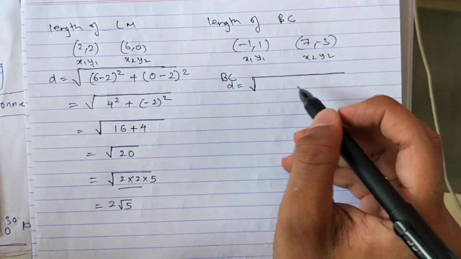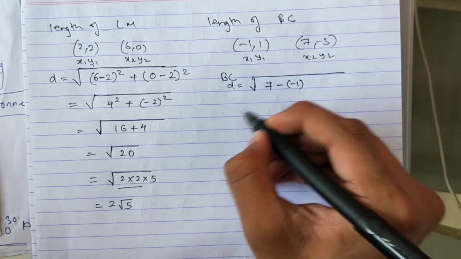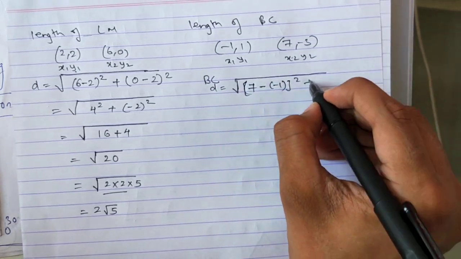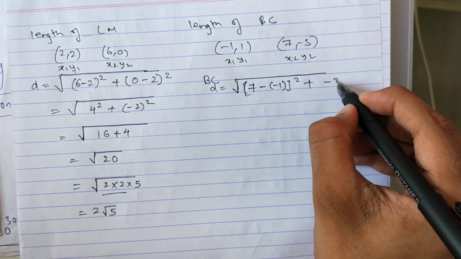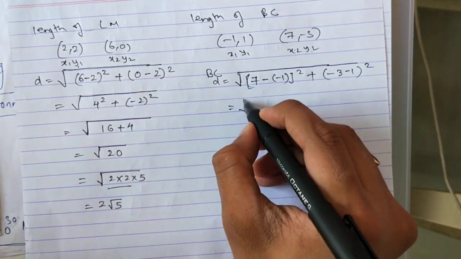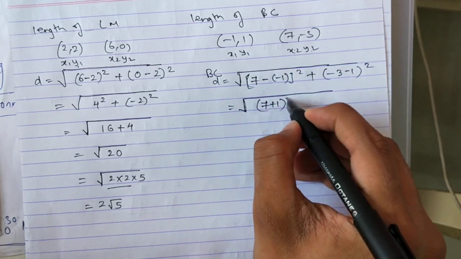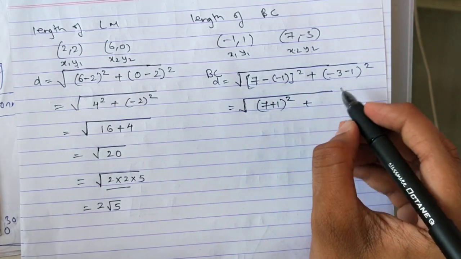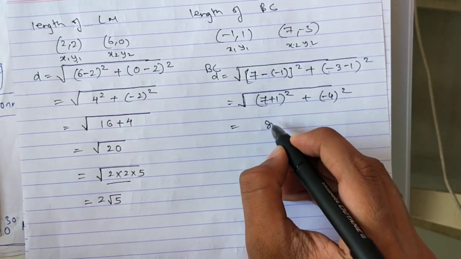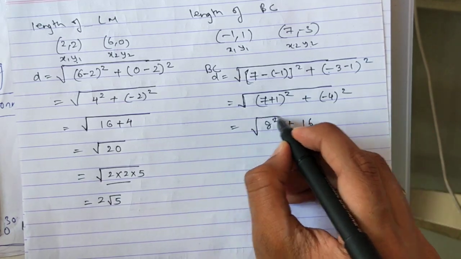So x2 minus x1, again x2 minus x1, that is 7 minus minus 1 the whole square, plus y2 minus y1, that is minus 3 minus 1 the whole square. 7 minus minus 1 is 7 plus 1 the whole square, minus 3 minus 1 is minus 4 the whole square. 7 plus 1 is 8 square, plus minus 4 square is 16.